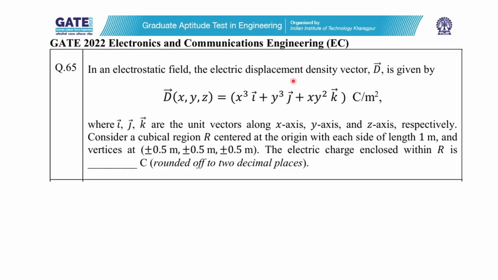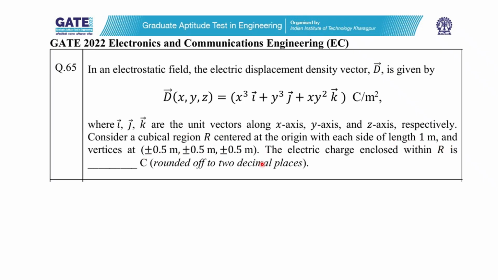So D is equal to epsilon into E. So this is not the electric field but related, right? So here the electric displacement density is given. i, j, k are the unit vectors along x, y, z axis. Now consider a cubical region R centered at the origin, having a side length of 1 meter.